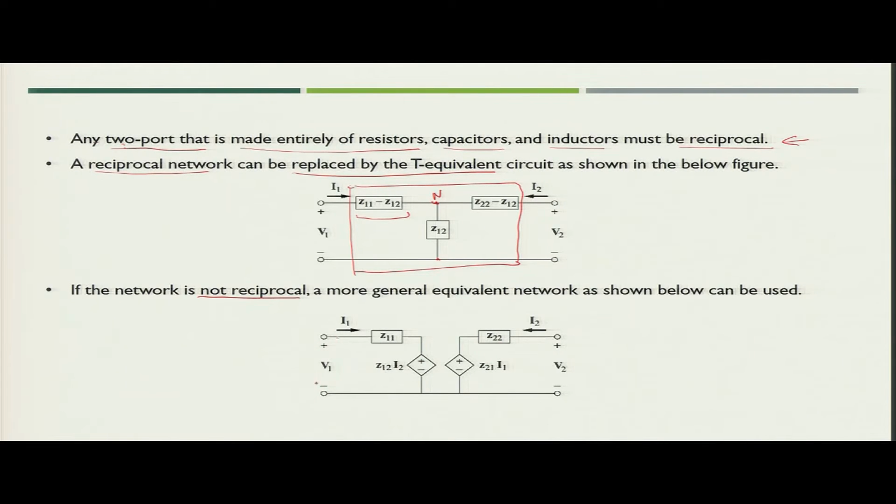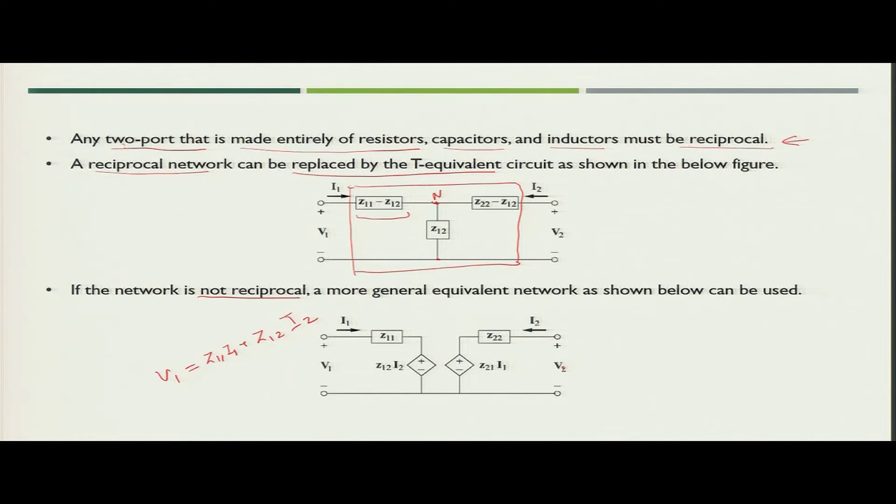Here you have one impedance called Z11, and in series with it you will have one dependent voltage source having the value Z12 I2. So, what would be the value of V1? V1 you can simply write as Z11 I1 plus Z12 I2.